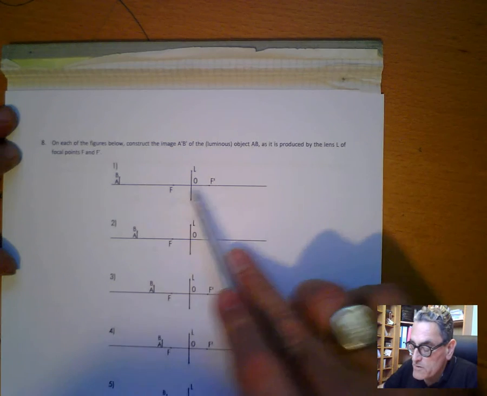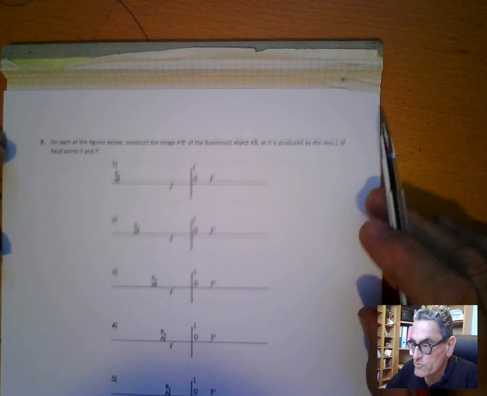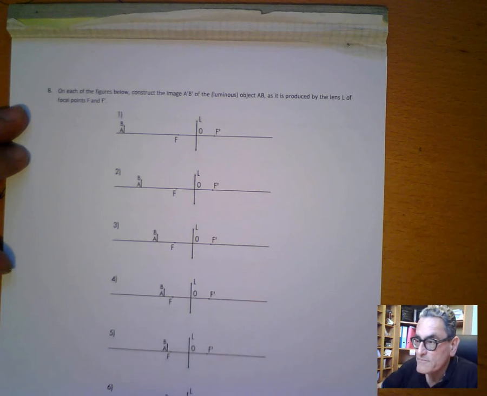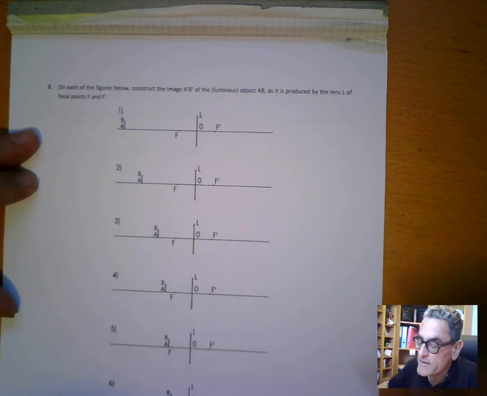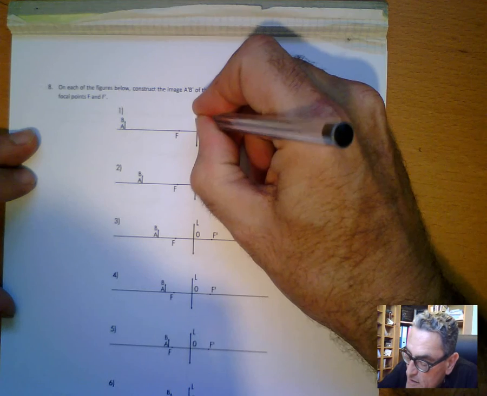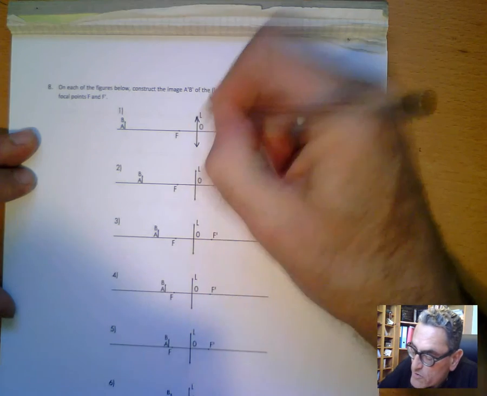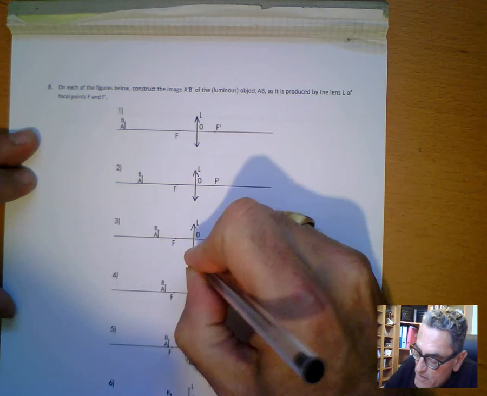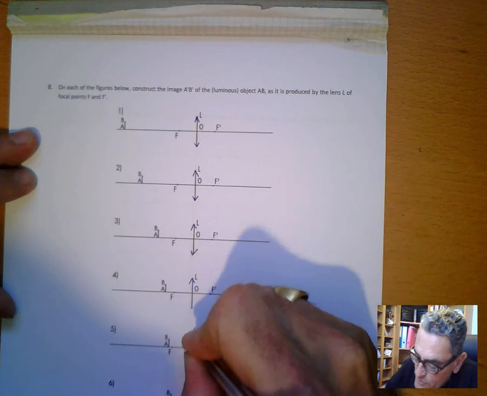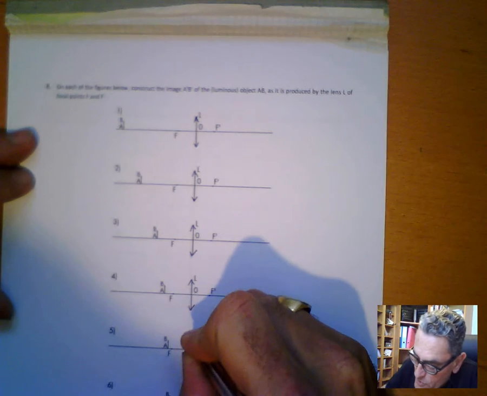Okay, what do you see in this exercise? Did you try to do it, 8 and 9? Okay, 8. Well, the arrows here are not marked very well, but you see that this is all the same, a convergent lens.